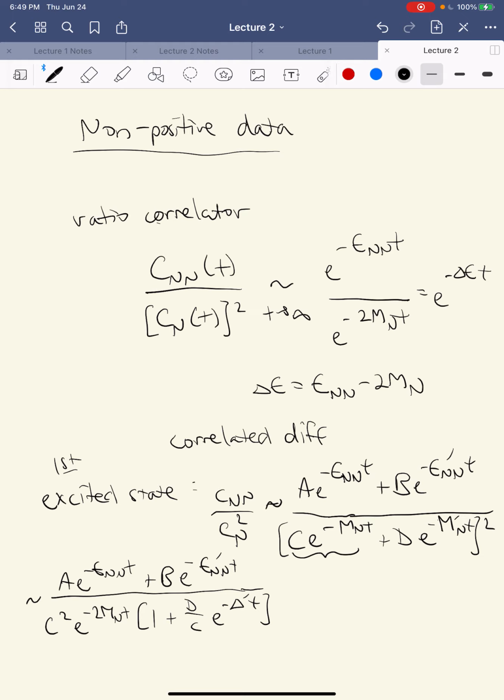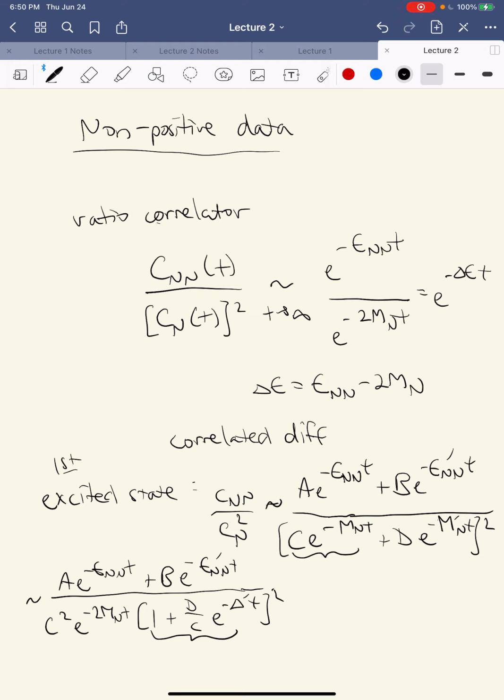Just keep in mind that the scale of the deltas is smaller than the scale of these energies. So deltas just refer to generic energy differences. Okay, this is squared.